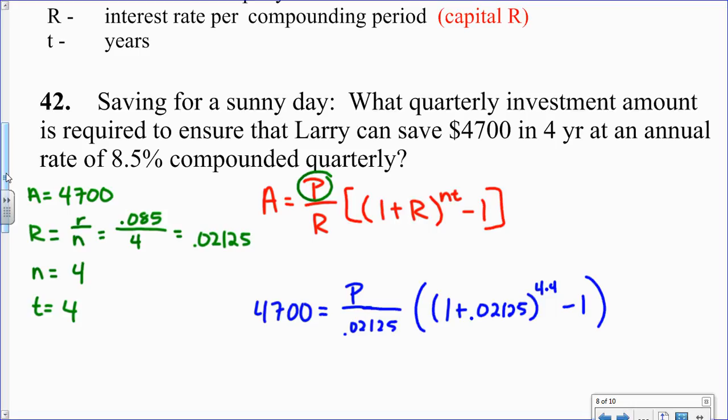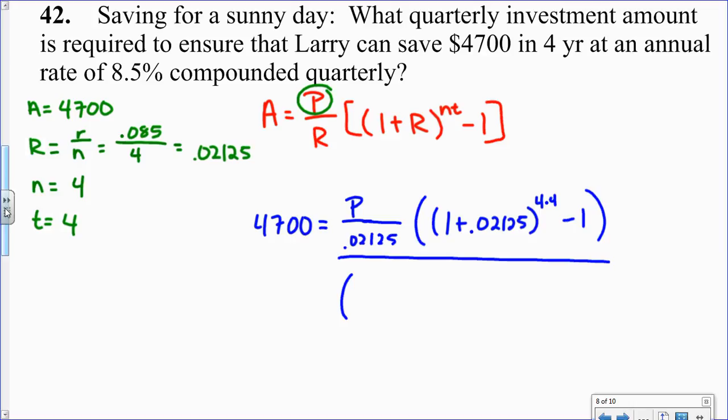All right. So this fraction is being multiplied by what I have here in parentheses. Let's divide by what you have in parentheses. Four times 4 is 16. Okay, so I'll go ahead and write 16.